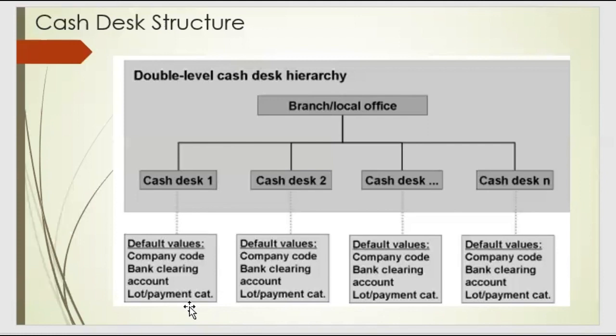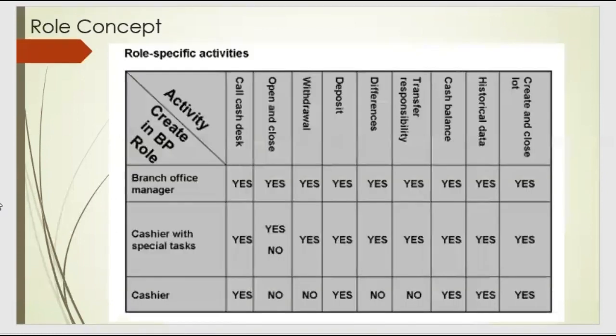And in parallel, all the cash desks should be able to collect the money. That's another requirement. Now, if we move to the roles and concept of the specific cash desk, we can see there are three different kinds of roles: a branch office manager, a cashier, or a special cashier with a special task. The cashier is the front-end person who collects the money. For him, the foremost requirement is the cash desk operations screen, where he can open the cash desk and close the cash desk.